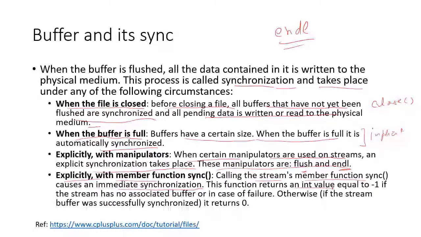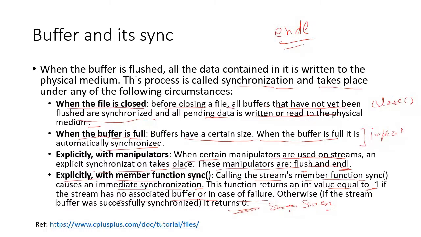This function returns -1 if the stream has no associated buffer, or in case of any failure. Otherwise, it returns 0. So we can treat that as a success, right? That is what we get in terms of our buffers, the basic synchronization.